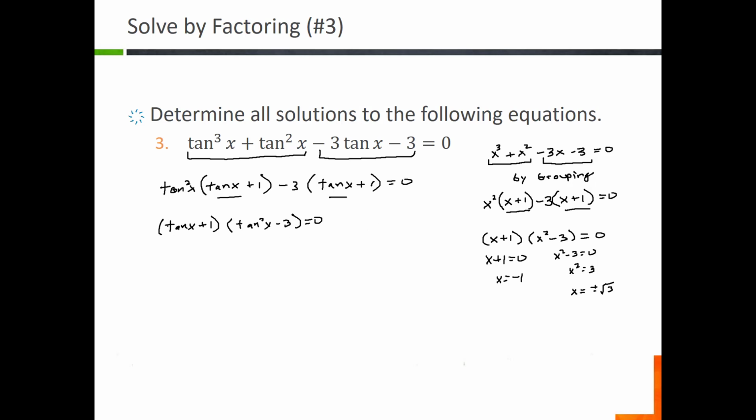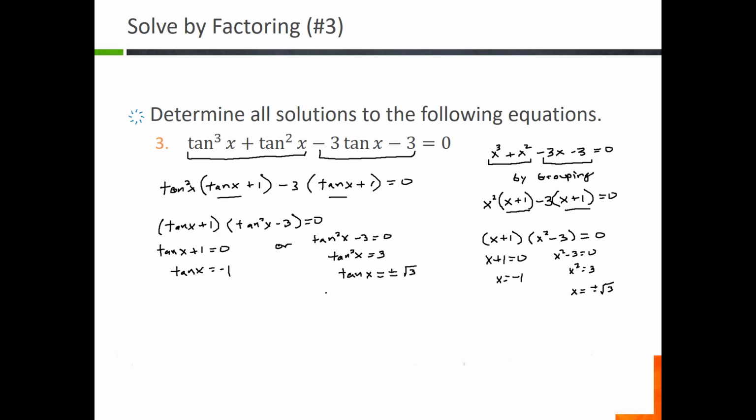And then we're going to split those apart. So we have the tangent of x plus 1 is equal to 0, which means the tangent of x is equal to a negative 1. Or we have the tangent squared x minus 3 is equal to 0, which means the tangent squared x is equal to a positive 3, which means the tangent of x could equal a positive or a negative root 3.